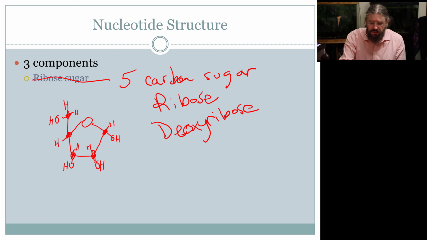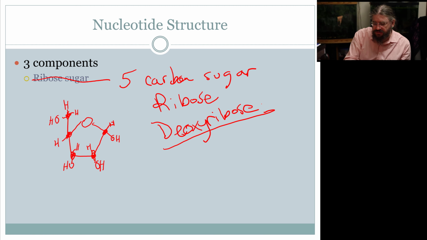So this is ribose. It's not too terribly complicated. And if we want to know how ribose differs from deoxyribose, it's actually very simple, because deoxyribose is ribose missing something. Deoxygenated. If you want to turn ribose into deoxyribose, all you have to do is deoxygenate, take 1 oxygen off of there. And now you have deoxyribose.